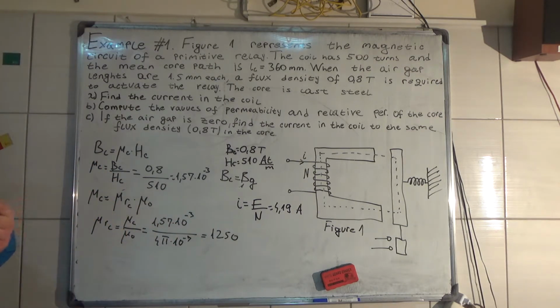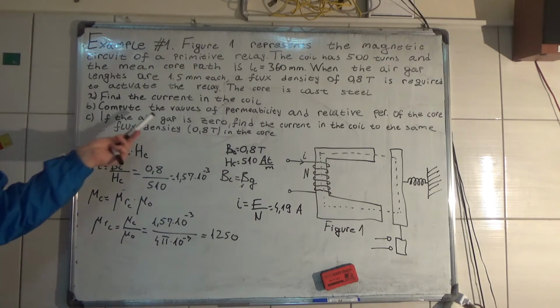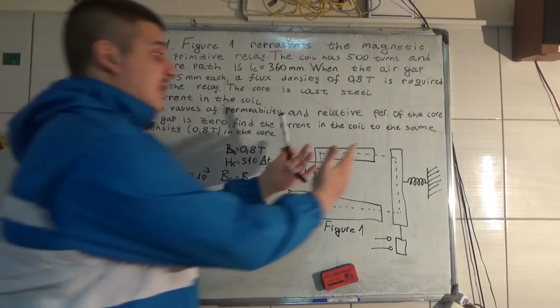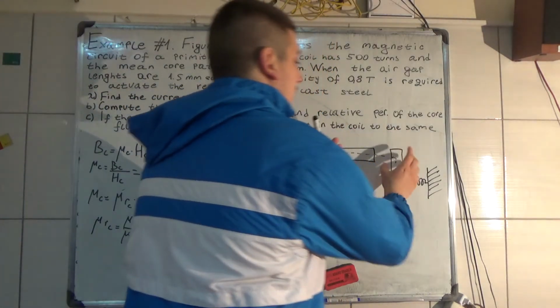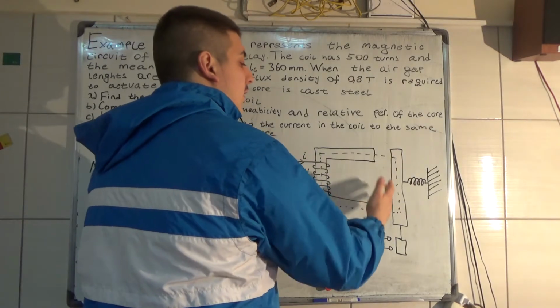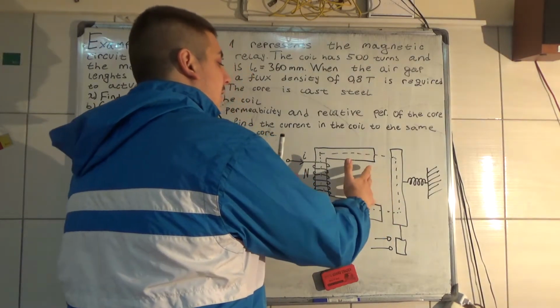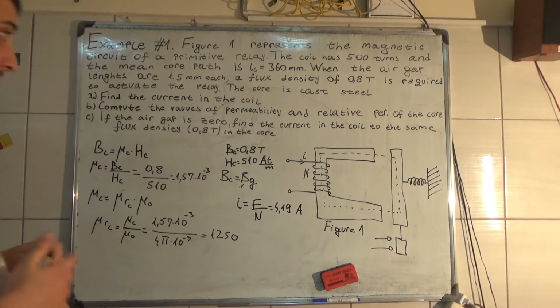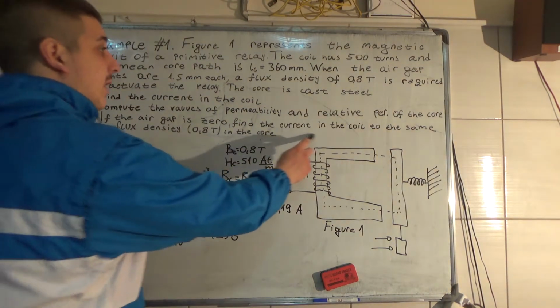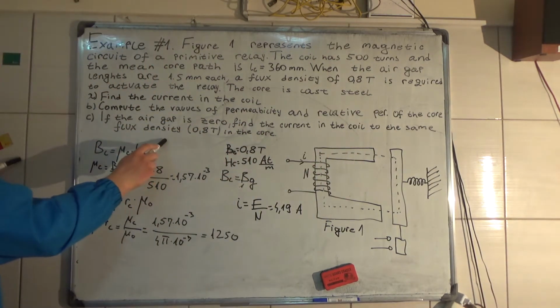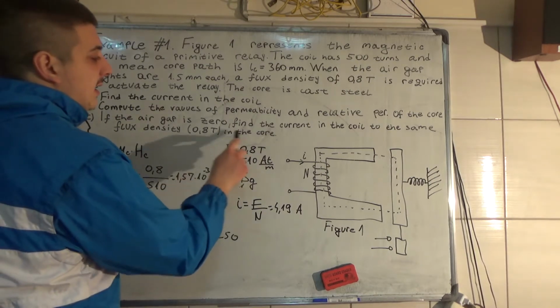And now we calculated the permeabilities, and now it says if the air gap is 0, so this is now connected, the right side is now connected physically to the left side here. Find the current in the coil for the same flux density, 0.8 Tesla in the core.